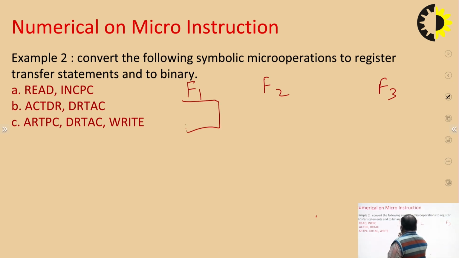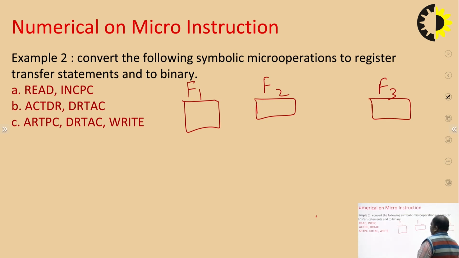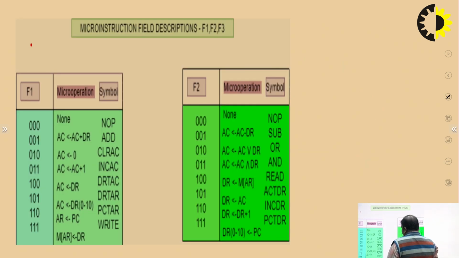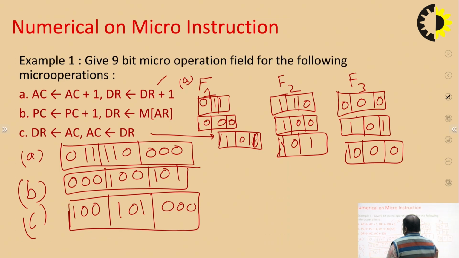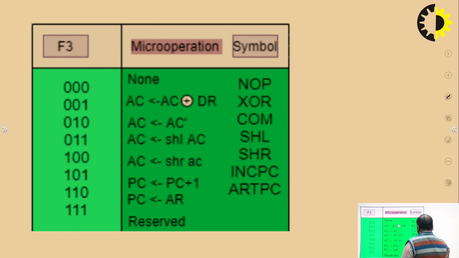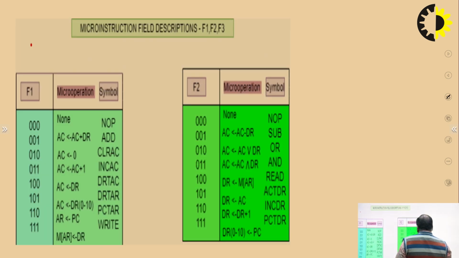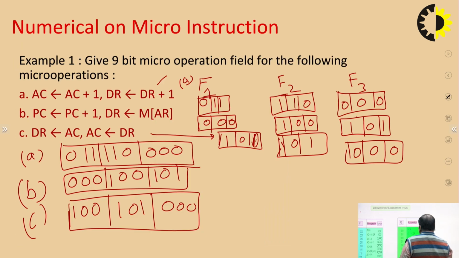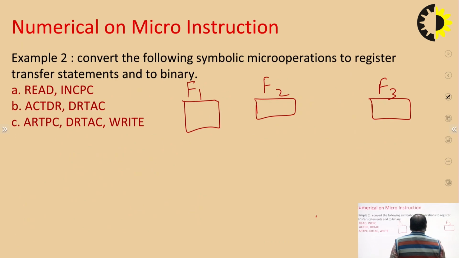For problem A, we have to check where we have read in F1, and where we have increment program counter in F3. So the fields are 101 and 100.